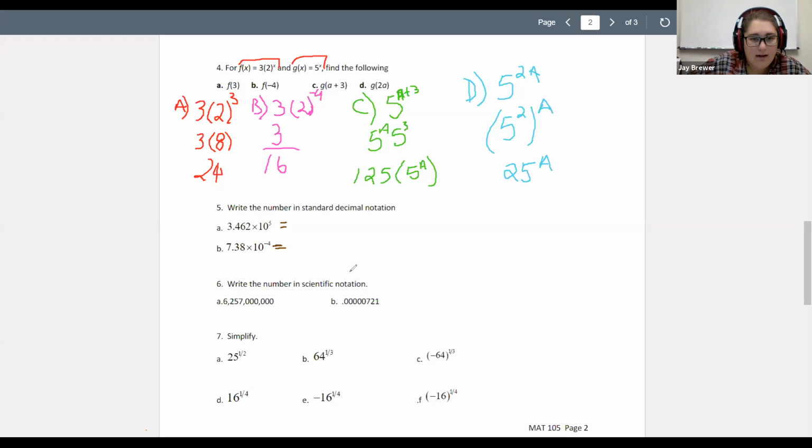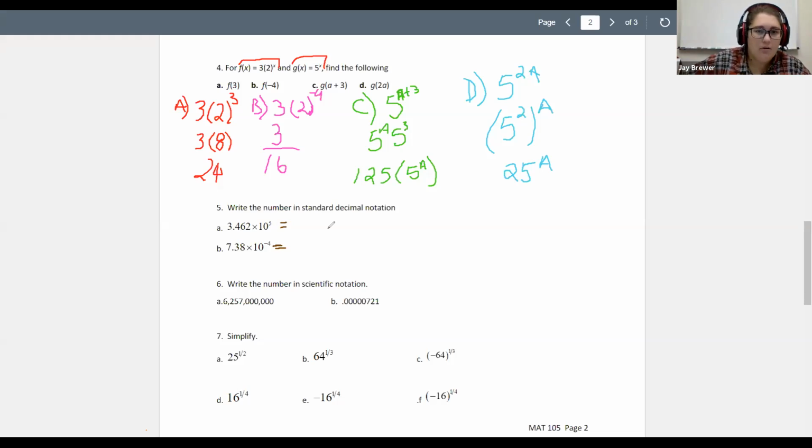If we have a positive k, and in this case, k is your exponent, if it is positive, we are going to move that many spaces to the right. If it is a negative k, we will move that many places to the left.